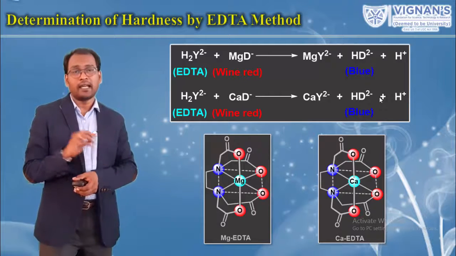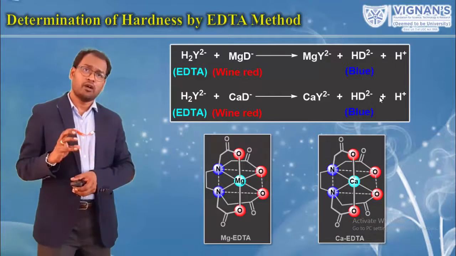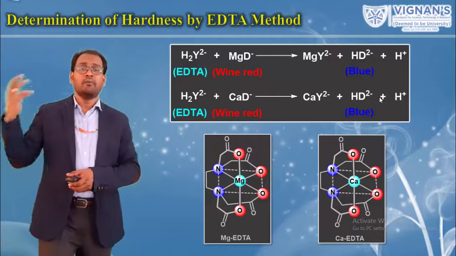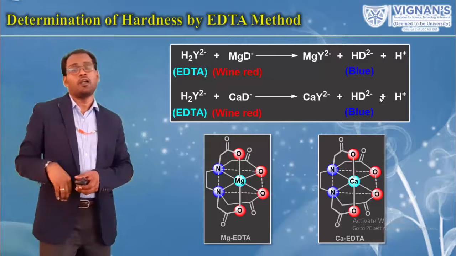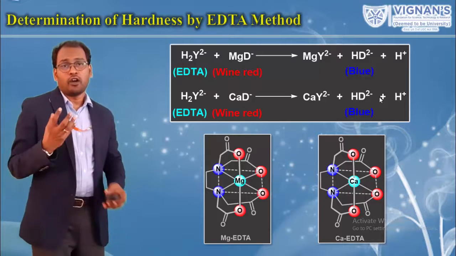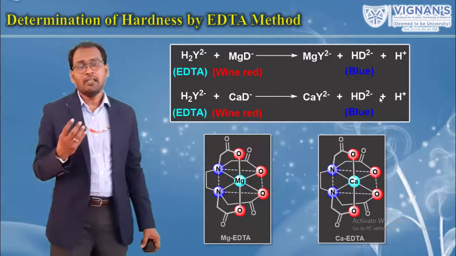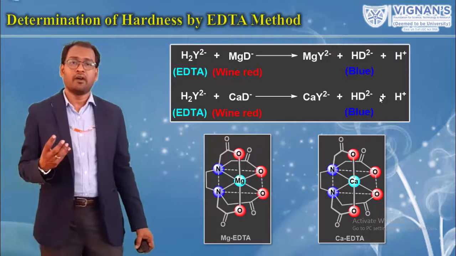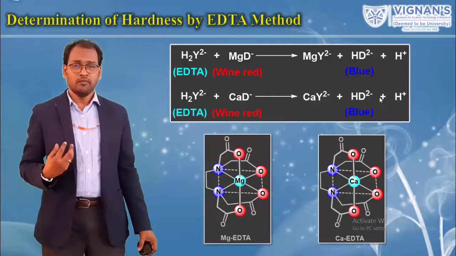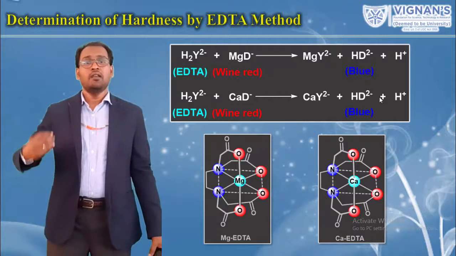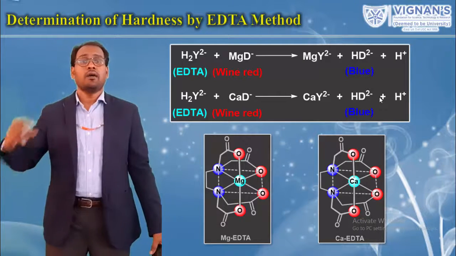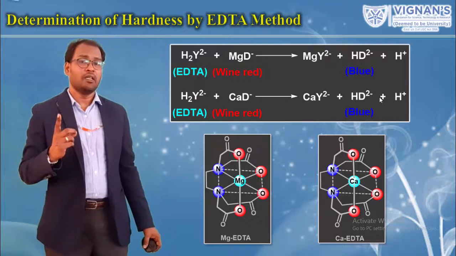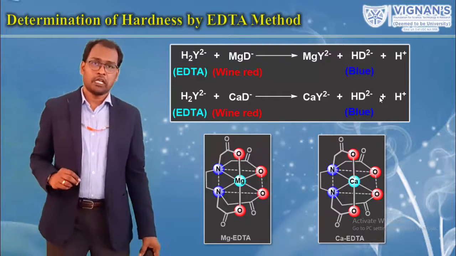If any other ligand comes in contact which has more complexing tendency, then this EBT will be replaced by the stronger ligand. So the complex formed by metal and EBT is not very strong. Whenever a better ligand comes, the EBT ligand can be replaced. When compared to EDTA, EBT is slightly less stable.